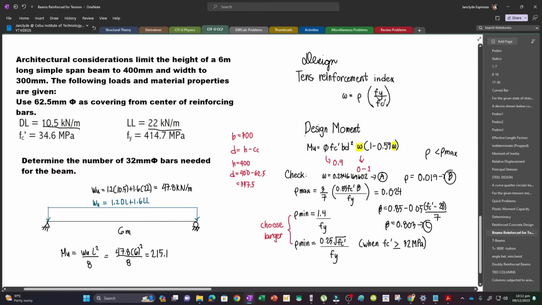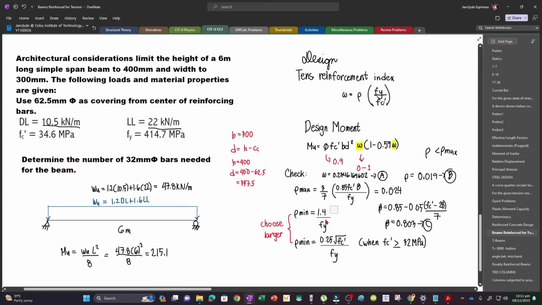And then we check if rho minimum is smaller than our rho. Now, since our Fc prime is greater than 32, we will use this one. If it's not greater than 32, we use the other one. I explained this in our previous video.